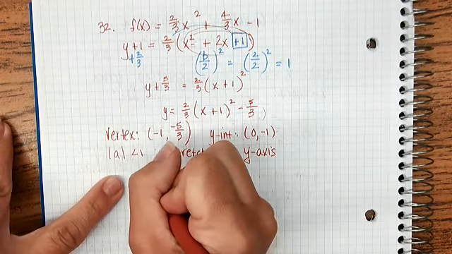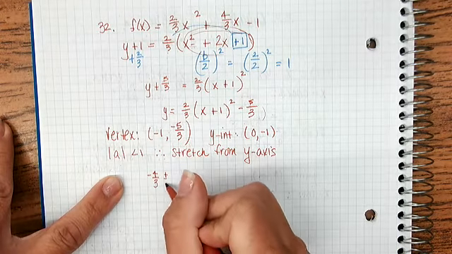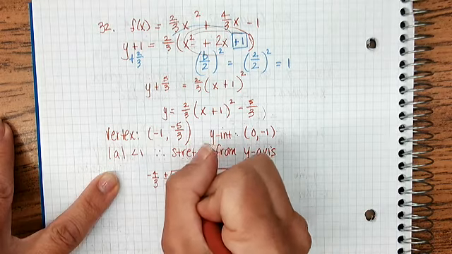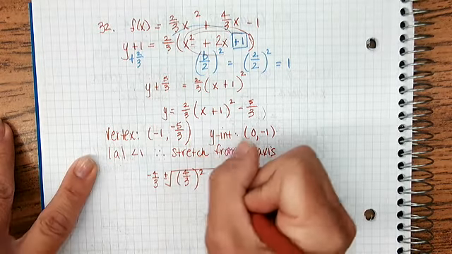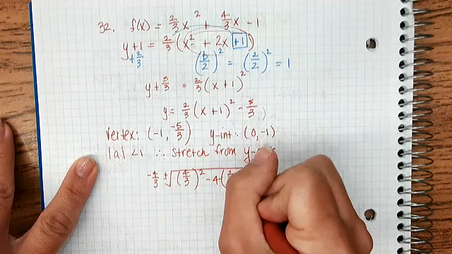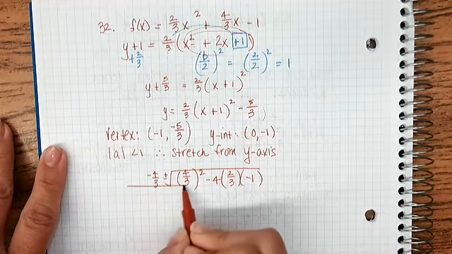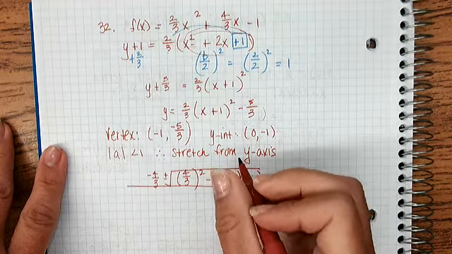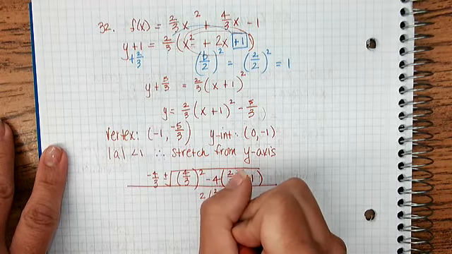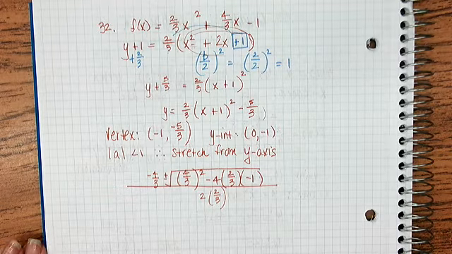Okay. Opposite of b, plus or minus the square root of b, which is 4/3, squared, minus 4. A is 2/3. C is -1. All over 2a. If I could pause the recording, I would do it here.